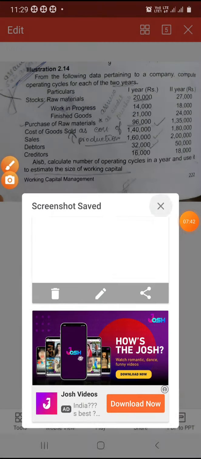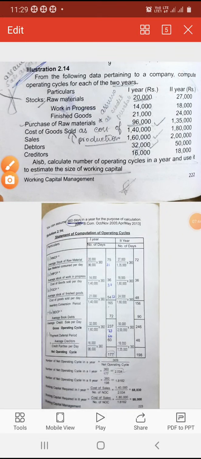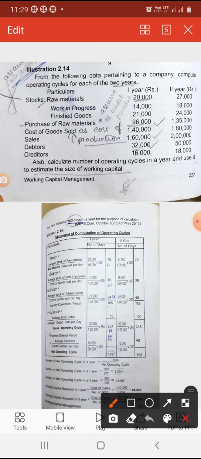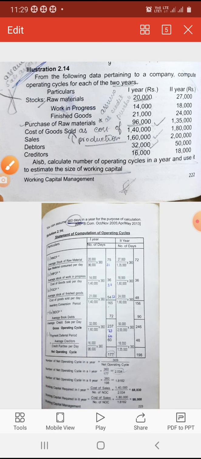In this problem 360 days in a year is given, so you take 360. If 360 is not given, then you have to take 365. Other things remain the same; use a step by step approach.